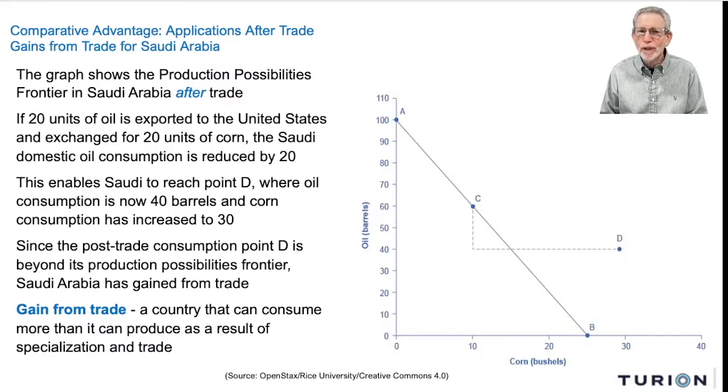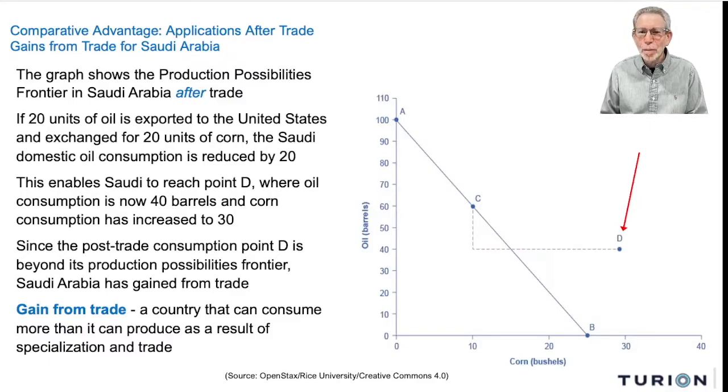And remember, there was A, in this case for Saudi Arabia, 100 barrels of oil, or B, 25 bushels of corn, or some allocation, some distribution in between, which was represented by point C, right? C was the happy medium, I suppose, for what would be considered socially optimal, some driving, some eating, some nutrition.